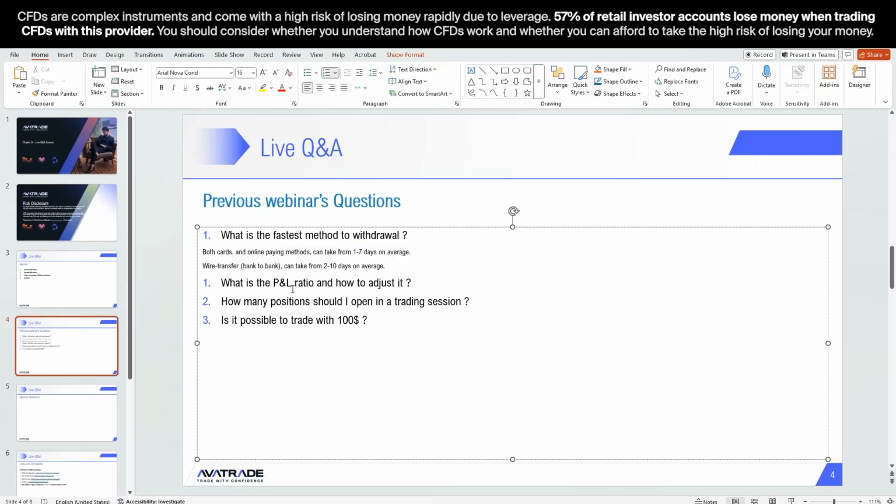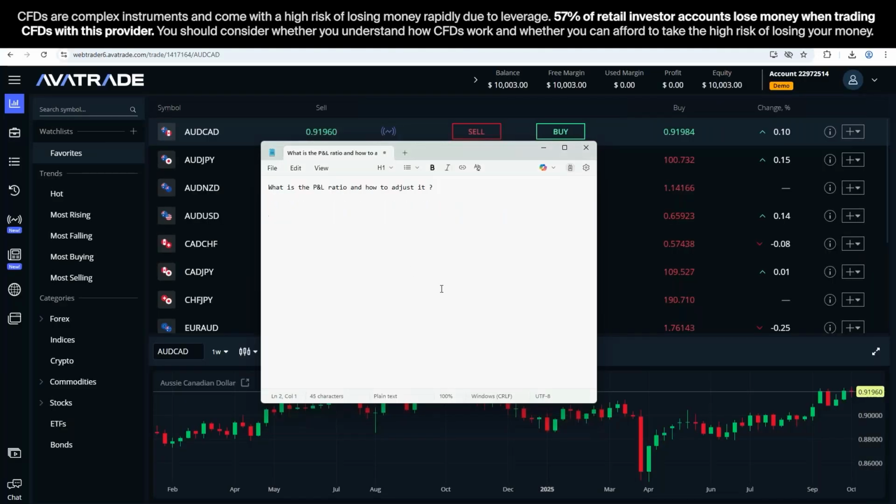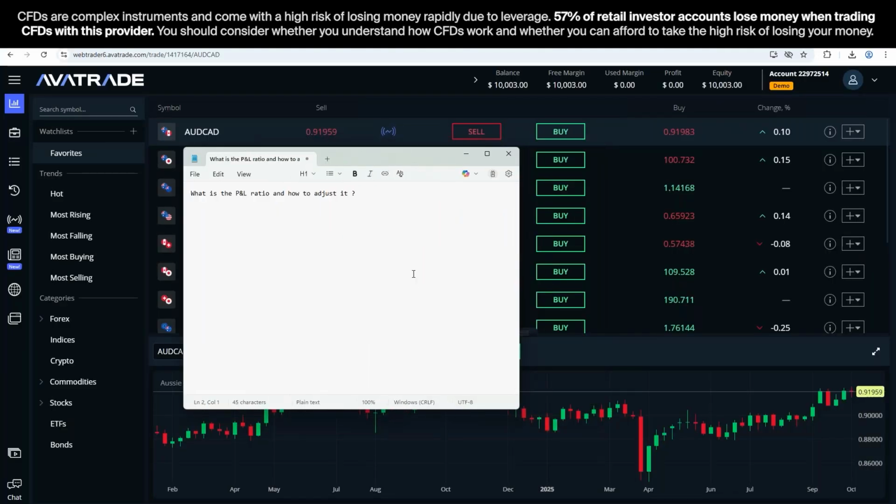Okay, now the second question here is, what is the P&L ratio and how to adjust it? That's a pretty fair question we got here. What is the P&L ratio? So P&L equals profit and loss.